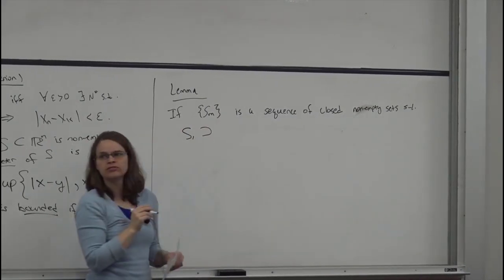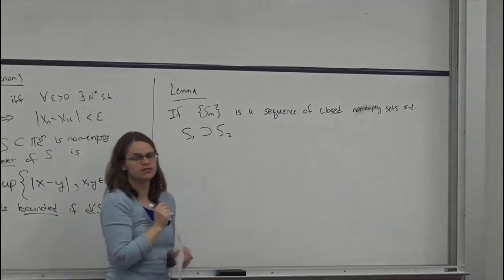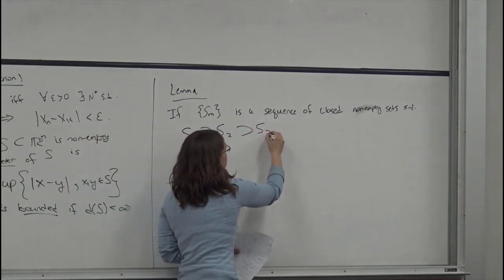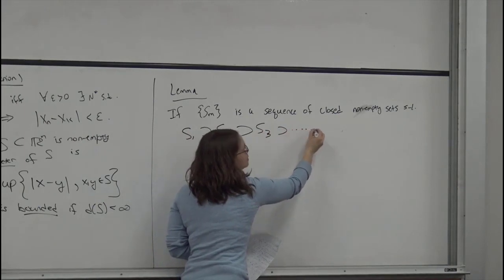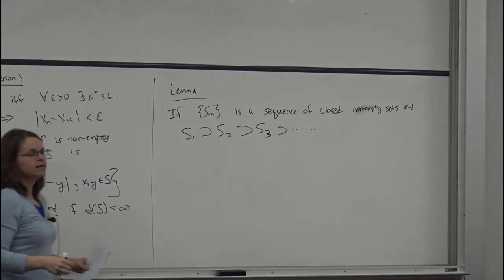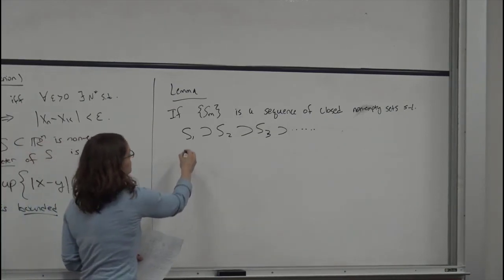Okay, and they're nested in this way. So S1 is the biggest set. Then S2 is the next set, lives completely inside of S1. S3 lives completely inside of S2, and so on. And we have a sequence of these sets. There's infinitely many of them, and they keep being contained in the previous ones. And the diameter of these sets shrinks, and it's shrinking to 0 in the limit.